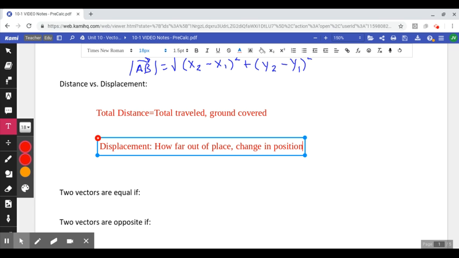So in our little scenario with going to school and back, let's say it's 5 miles each way, your total distance would be 10, but in terms of where you began, which is your house, your displacement would be 0 because you returned to where you started. So your displacement in that case would be 0. Another way we're going to understand this sometimes is that it's called net distance in some cases.